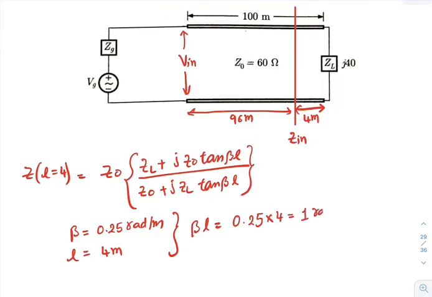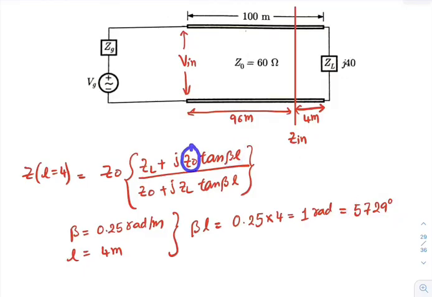This is in radians, and 1 radian is equal to 57.29 degrees. Now substitute 57.29 degrees instead of beta L in this equation.